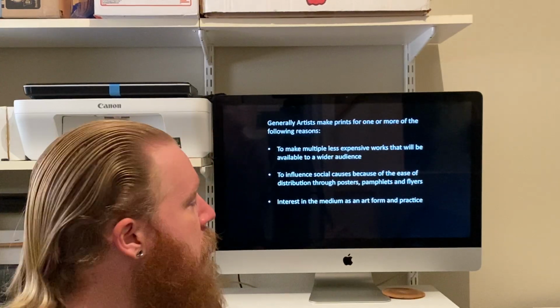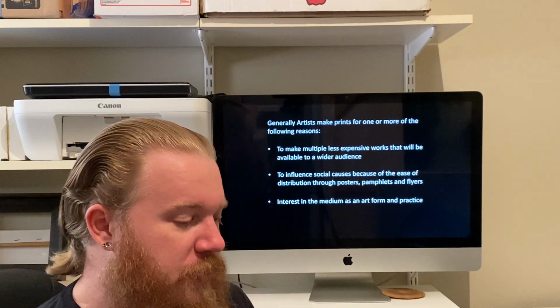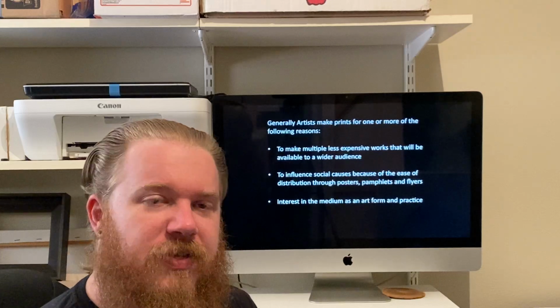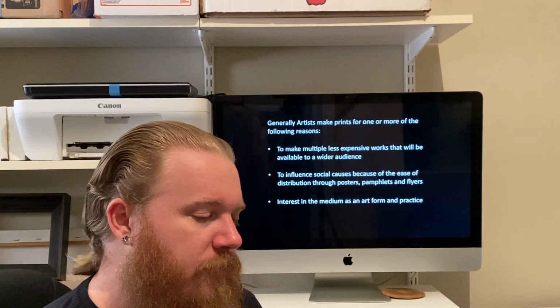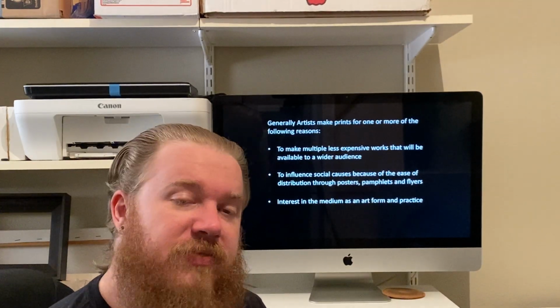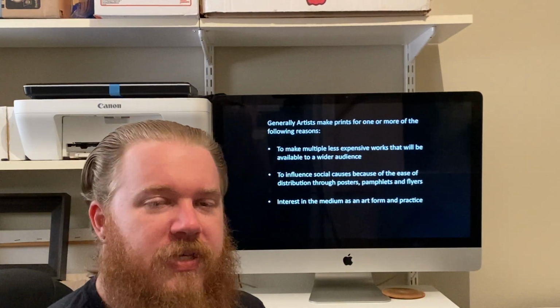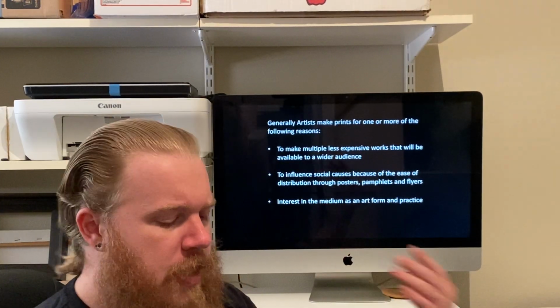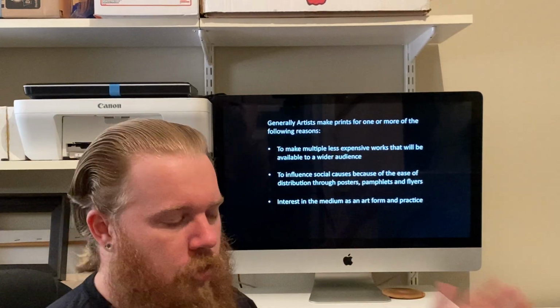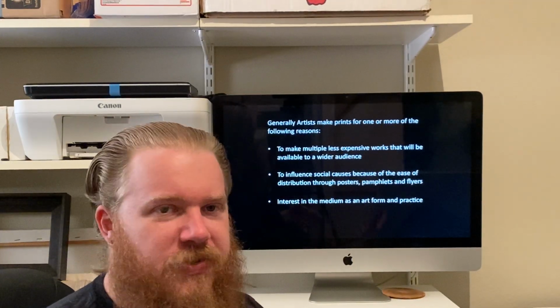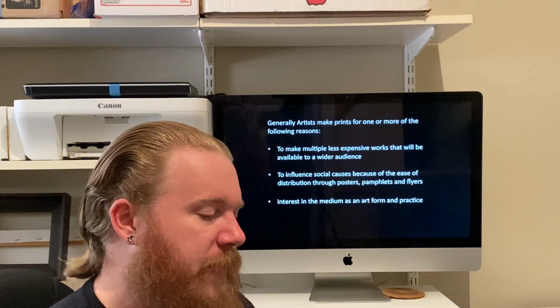We can also use it to influence social causes because of the ease of distribution, through things like posters, pamphlets, and flyers. So printmaking is not only used for artistic reasons, but also for political reasons, books, and anything that you can think of.